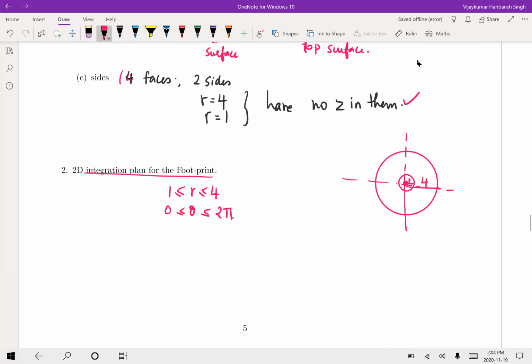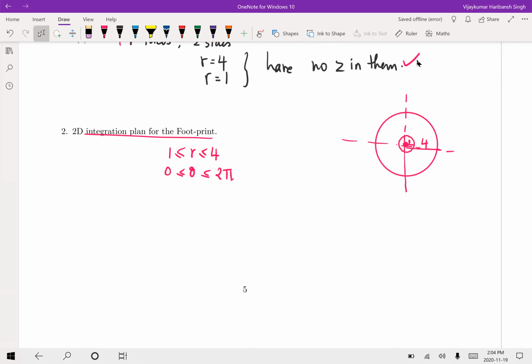So then my integral of e to the x minus y dV becomes the following. First of all, we are going Z first, and then we have r dr d theta. So the volume element is r dr d theta.